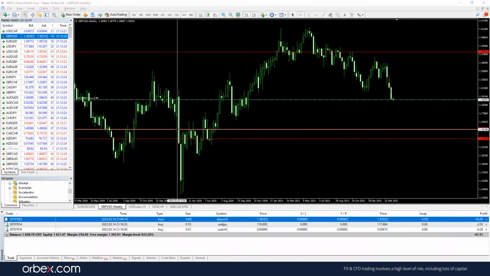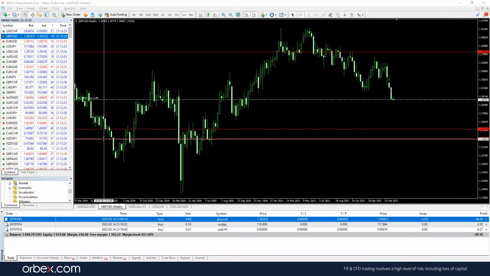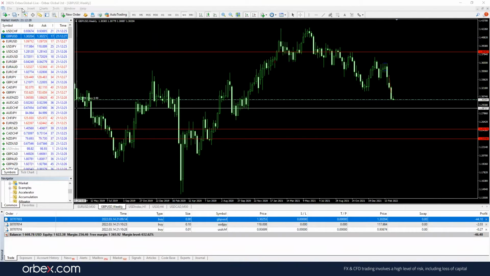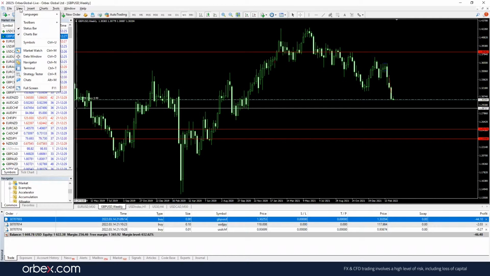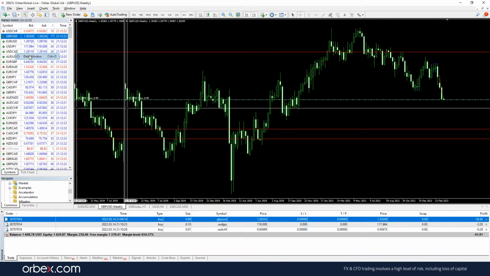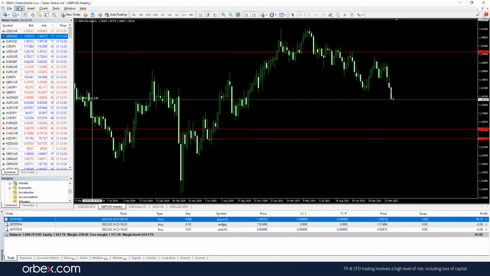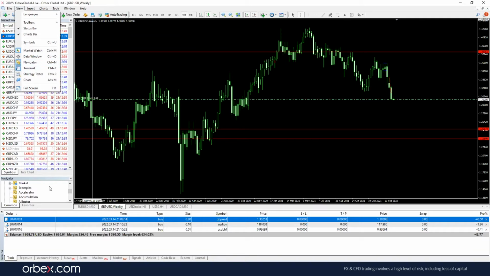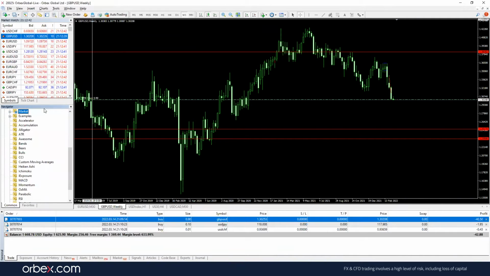So I've got another question here. Where can I see my leverage amount? The best place to go is if you go to View and, sorry, I pressed the wrong thing there. If you go to View and on your Navigator, I'll just make this a bit bigger. So these are my Orbex demo accounts.